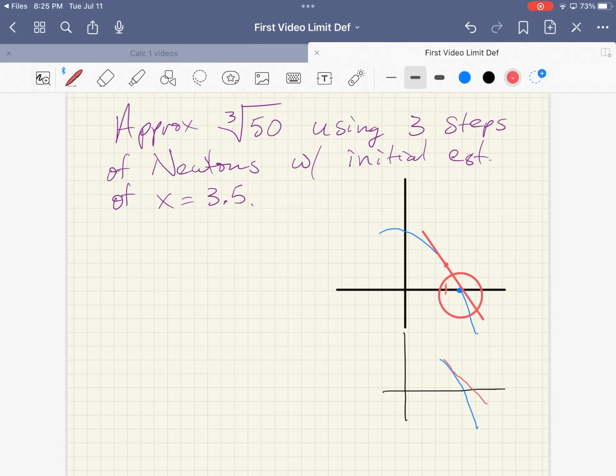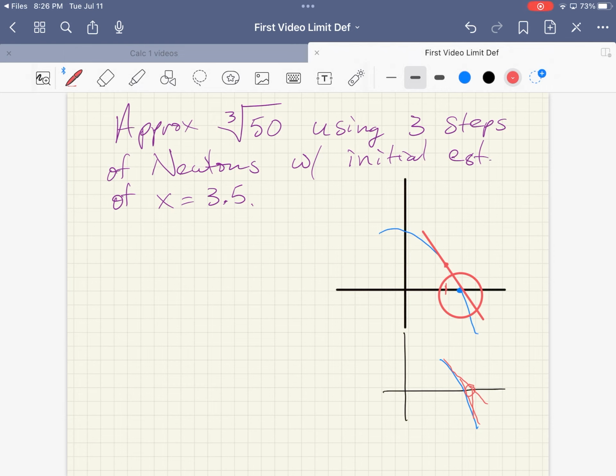And what I do is I use where the tangent line crossed as my new estimate. And in general, you will note that it will be closer than the first estimate. And then you do the same process over. So that's my new estimate. I come here and I do a tangent line, and I keep doing this iterative process, getting closer and closer until you get as close as you want to.